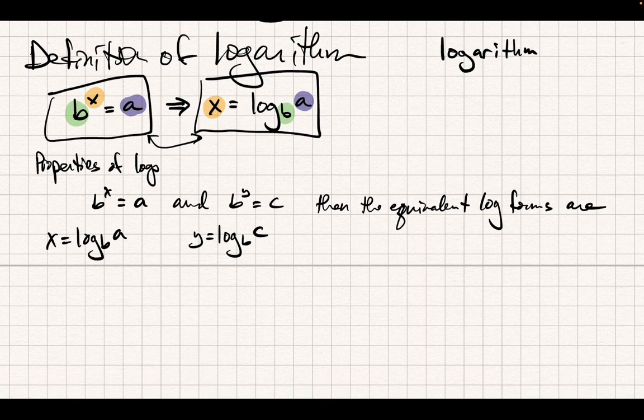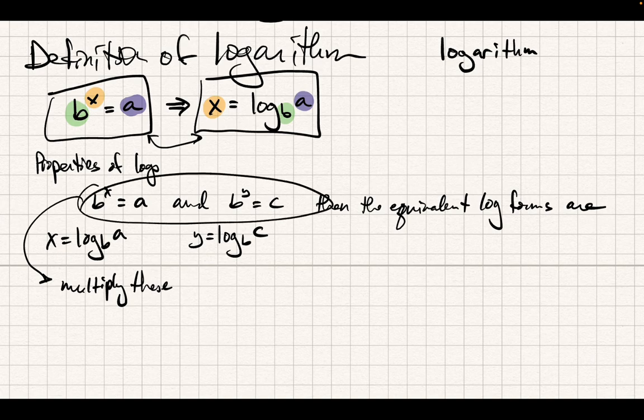So I'm going to multiply these together. I'd like to say ac equals what? ac equals b^x times b^y.